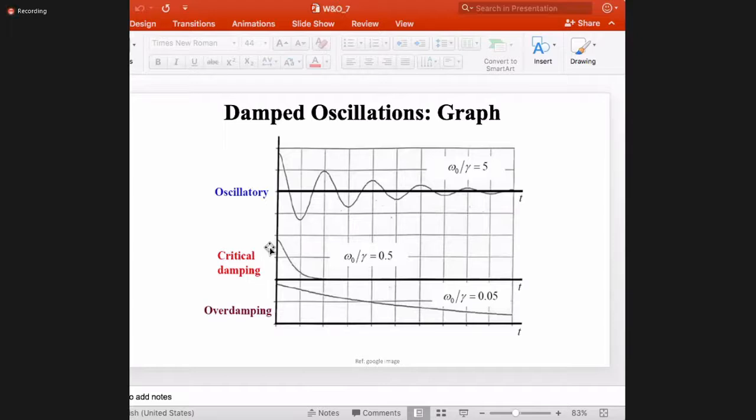But in case of overdamping, there is only the exponential part, so there will be decreasing, but this decreasing is much less than in the critical condition. So these are three graphs of damped oscillation, and you need to understand all three curves deeply. Otherwise you cannot answer the question I give you in the exam.